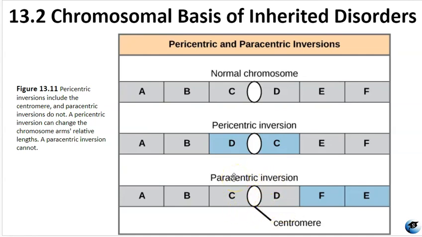So just imagine if you have, say, E is twice as long as F, and C is twice as long as D, okay? If you were to invert D and C, then this arm of the chromosome will end up being shorter than this arm. Whereas if you were to switch F and E, the length of the arms is unchanged. So that's the main difference between these two types of inversion.